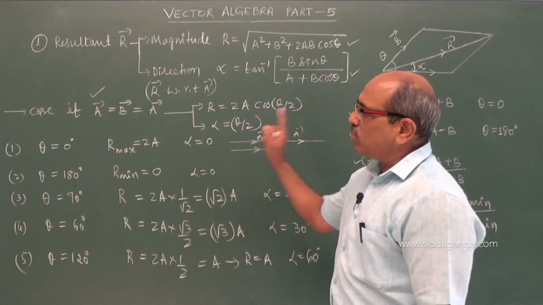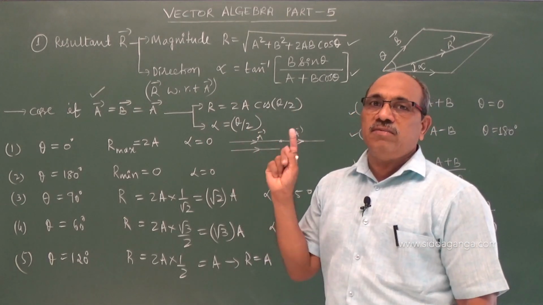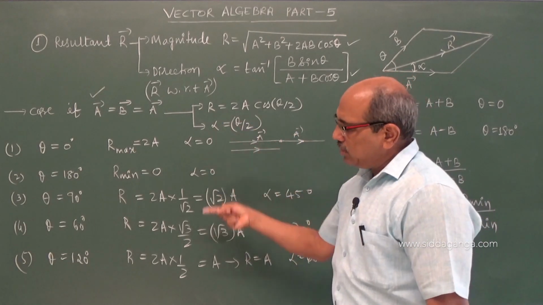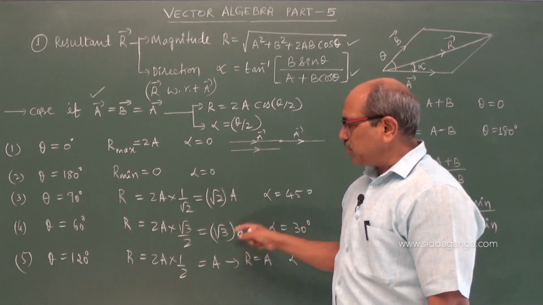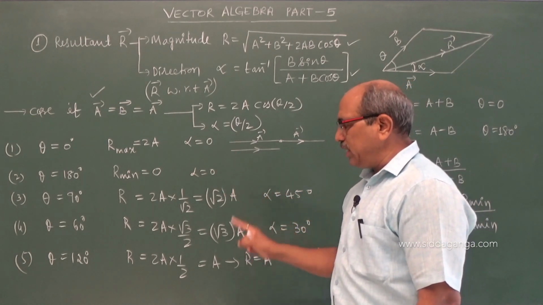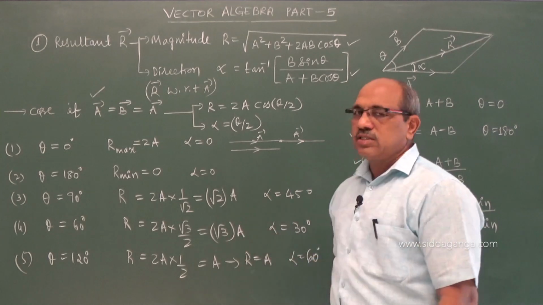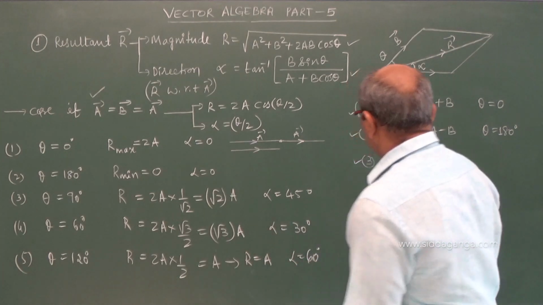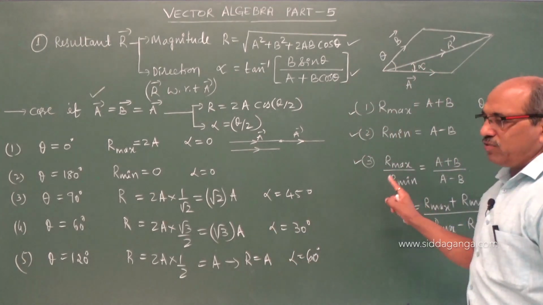Today we discussed what happens when both vectors have the same magnitude and directions may differ. And most importantly, remember these: 2a, 0, root 2a for 90, root 3a for 60, and 120 is a itself. And also follow the compounder and dividend rule clearly.